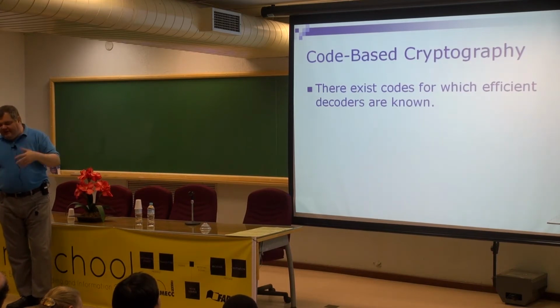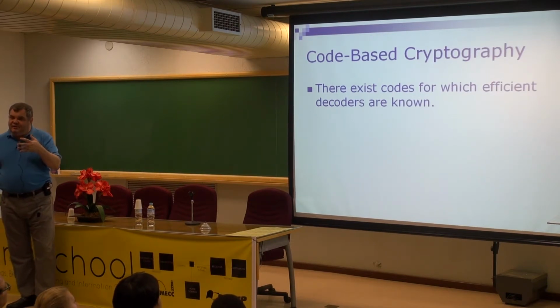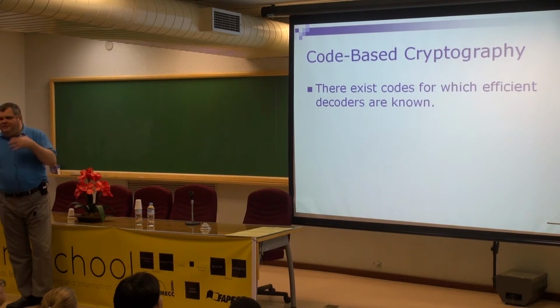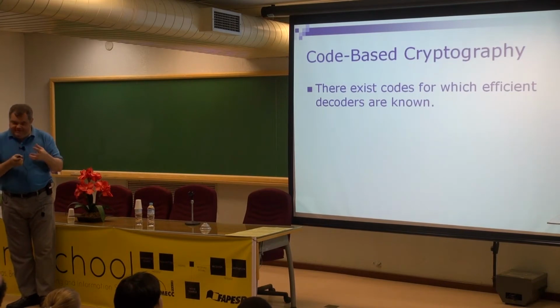In general, if we are given a completely random code, we don't know how to efficiently decode up to a certain limit, but there are codes that we can construct so that they do admit an efficient decoder.